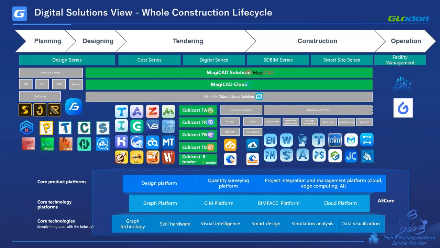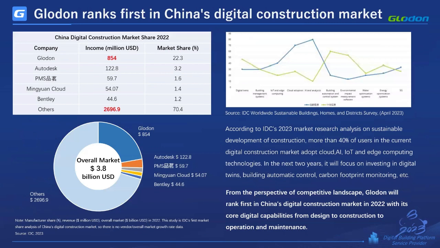CubiCost 5D BIM software is comprised of 4 individual software: CubiCost TAS, TRB, TME, and TBQ. And we are the number 1 in the Chinese market. Okay, so this is a multi-billion company. Our overall market is 3.8 billion USD. We are one of the biggest construction software providers in the world.